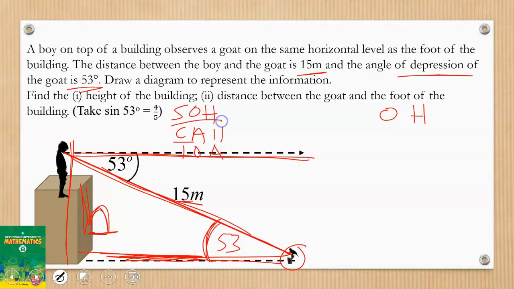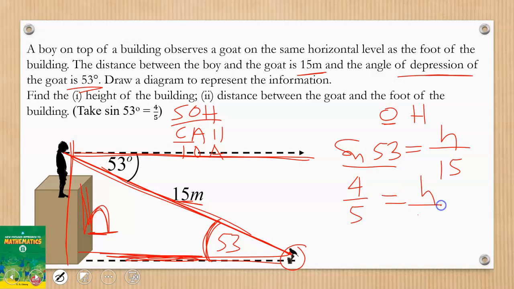That is SOH. So you can say sine of 53 is equal to opposite over hypotenuse. Opposite is h. Hypotenuse is 15. Thank God they've given us sine 53 to be 4 divided by 5. Then we have h over 15. We'll do cross multiplication.